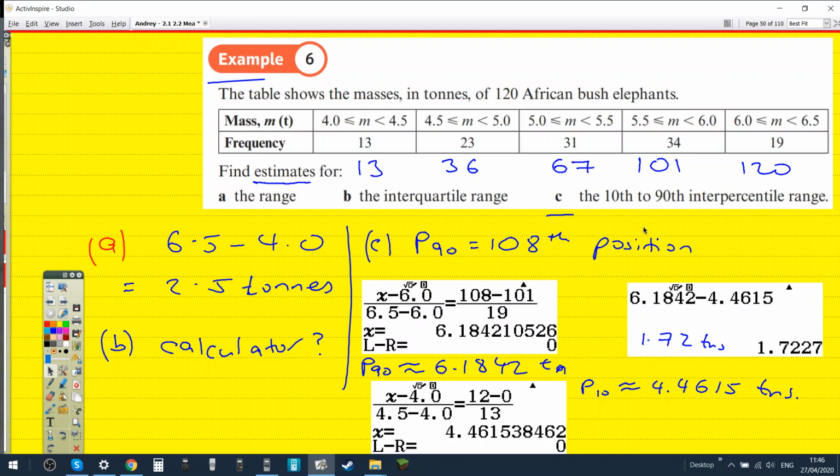Would we just do 0.9 times 120 and 0.1 times 120 and then subtract them from each other? Yeah. So you did 0.9 times 120 and got 108, and 0.1 times 120 and got 12. So 108 minus 12. I believe so.